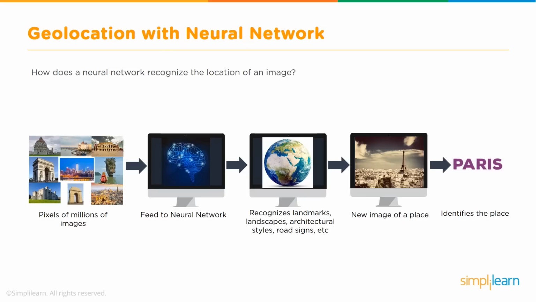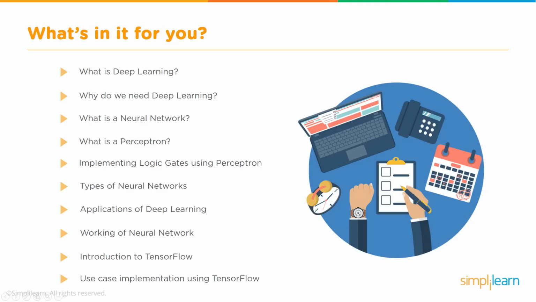Based on this pixel information, it is able to recognize and extract the features, and thereby it is able to identify these images and the location of these images. And then when you feed a new image, based on the training, it will be able to figure out where this image is from. So that's the way, a little bit under the hood, how it works.